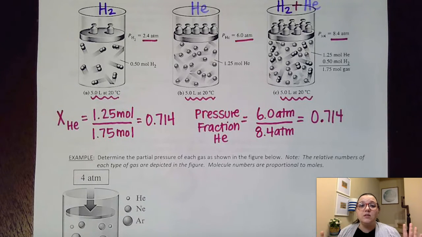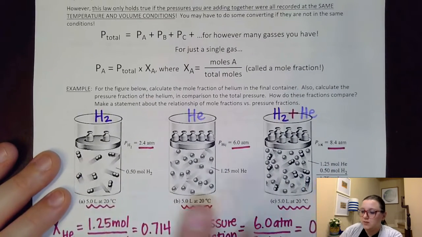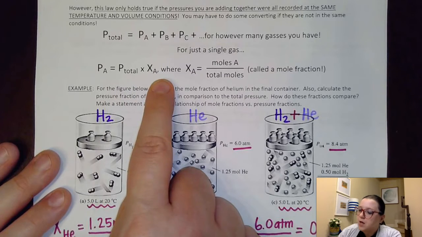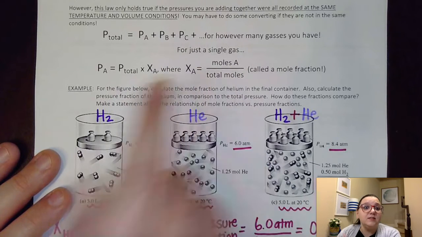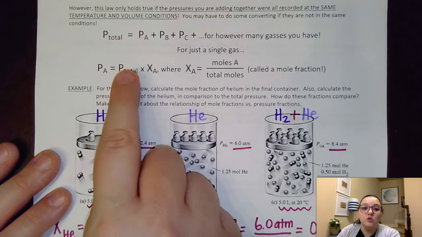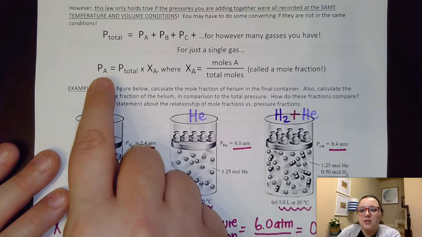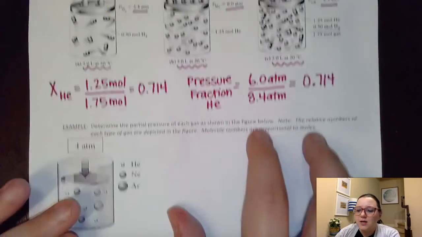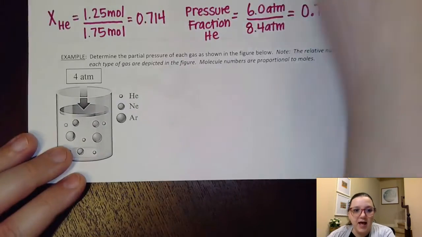So having those being equal to each other is really going to come in useful when we're trying to solve math. It's also the reason why this works up here. The mole fraction is the same as the pressure fraction. So if I'm applying that fraction to the total pressure, then I should be able to get the pressure of the individual gas that I'm looking for. So let's see some problems with this in action.